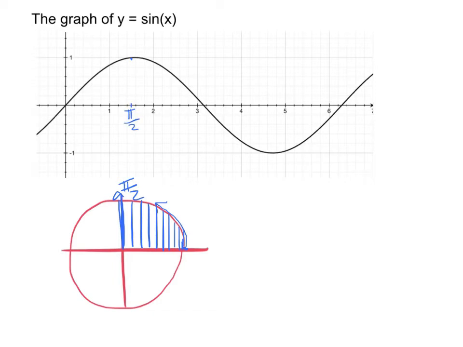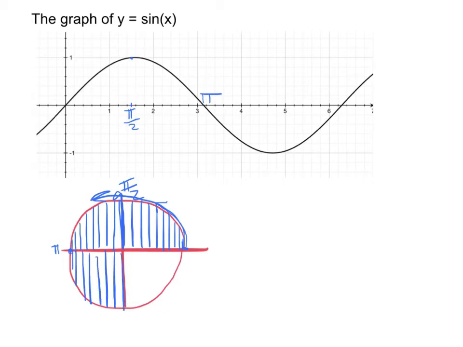As we continue around the unit circle, these sine values begin to get smaller and smaller until we hit a sine value of 0 over here at pi. Notice that over here, my y values are getting shorter and shorter until I hit pi, where I'm at 0. As I continue around the unit circle, I now get larger and larger negative sine values.